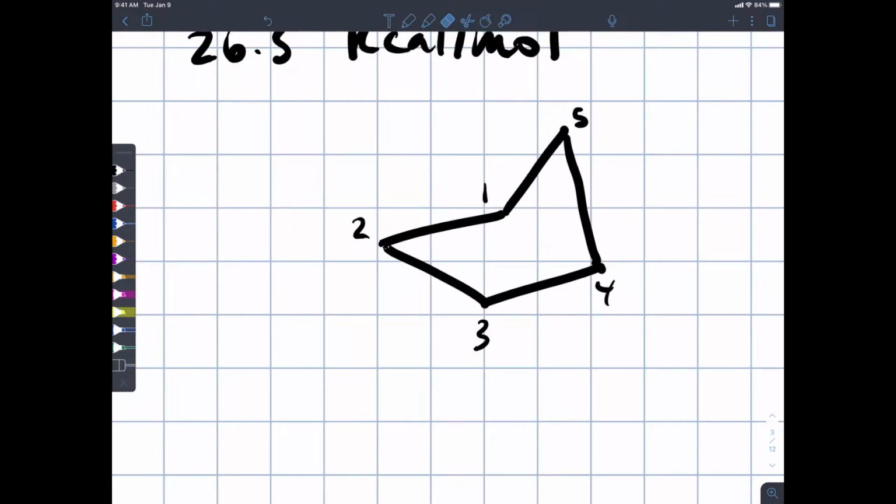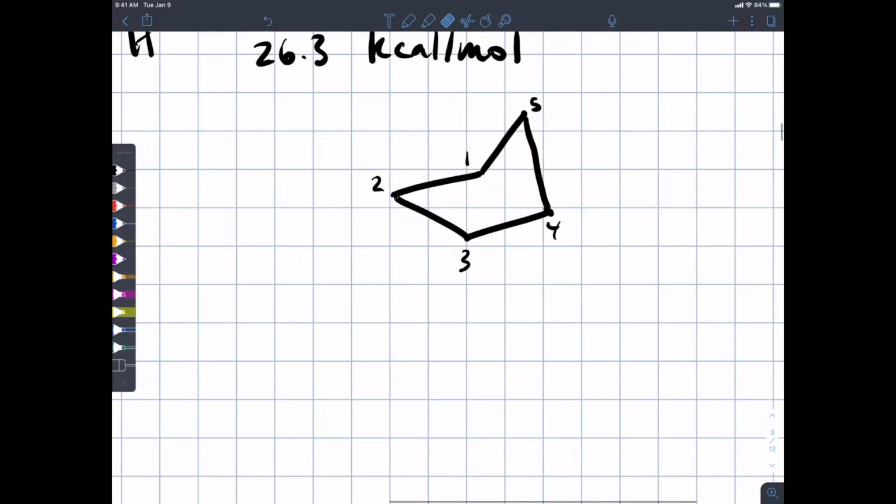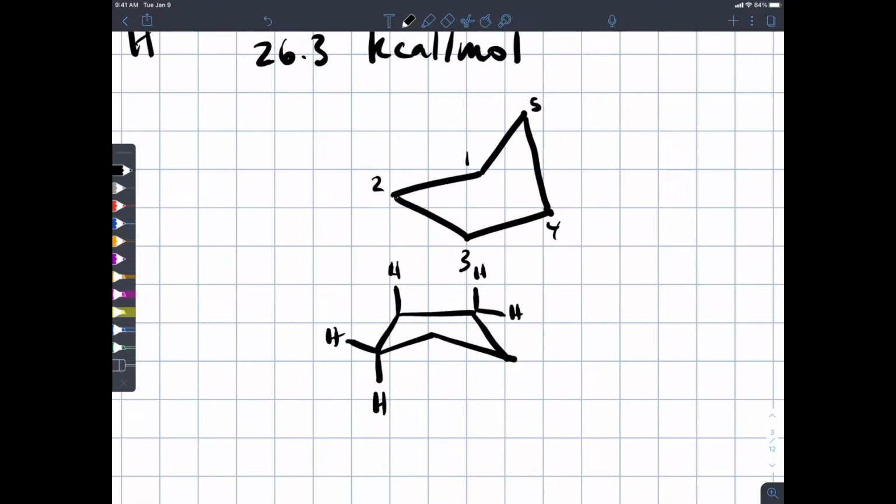And there's another that they call a half chair. And this looks sort of like this. You can see there are sort of pseudo-axial and pseudo-equatorial positions like for the six-membered ring.